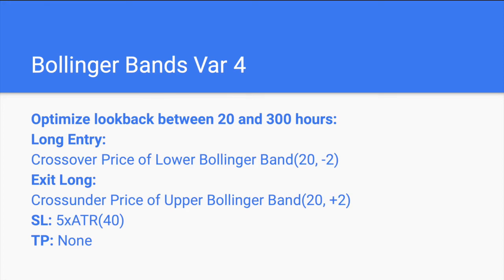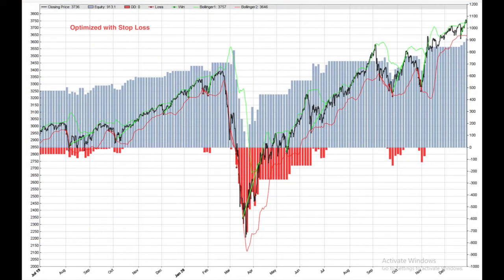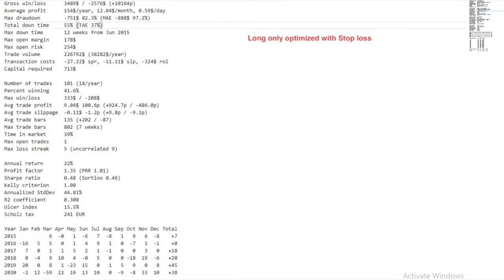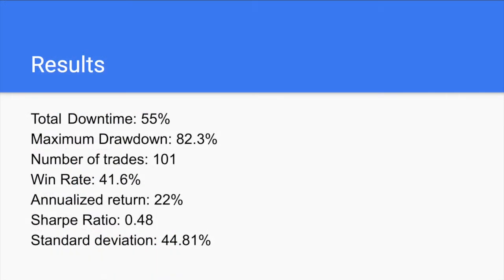Now we've got a total downtime of 55%, a maximum drawdown of 82.3%, double the number of trades as in the previous version at 101, a win rate which is almost half as much at 41.6%, and an annualized return of 22%. So what happened here?